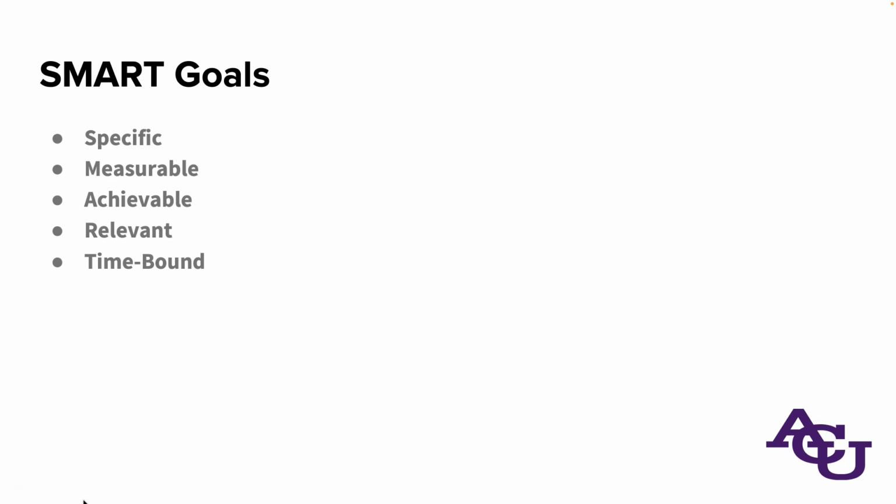Measurable. So there must be some way of telling what's going on. Are these actions being undertaken? Are they succeeding? Are they doing what we want or what we need? Achievable. So, if you have a school district that is underperforming, a great leadership and instructional team can do a lot, but they can't do everything overnight.